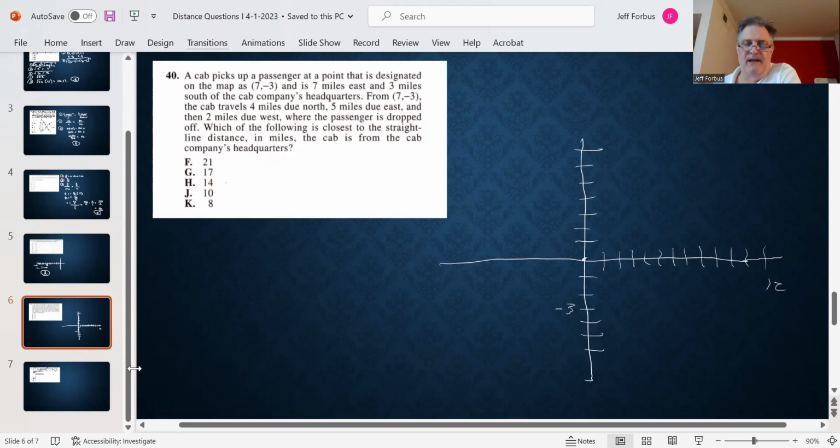So we're going to make that at the origin, (0, 0). All right, cab company CO for (0, 0). So it's right there. They tell us we pick up the passenger at (7, -3). So 1, 2, 3, 4, 5, 6, 7. 1, 2.